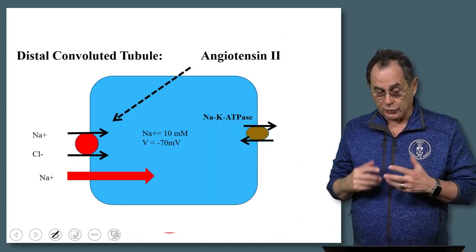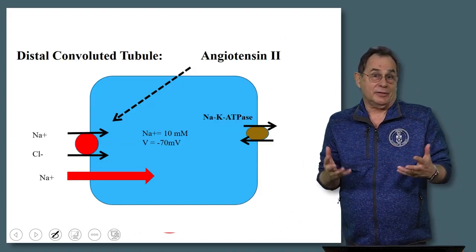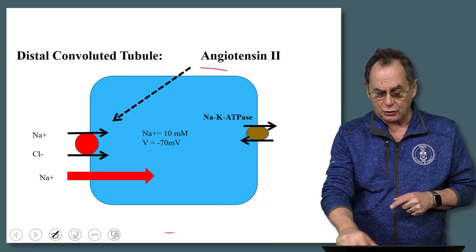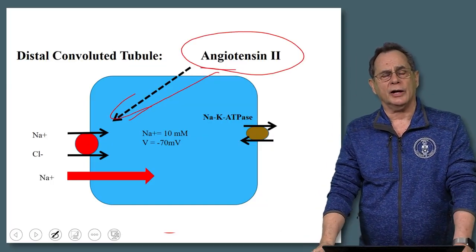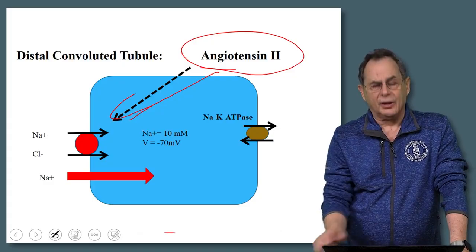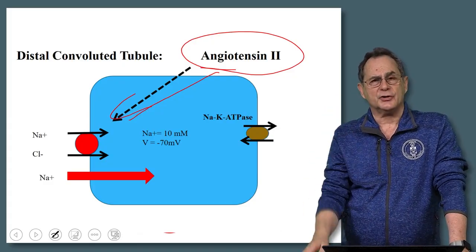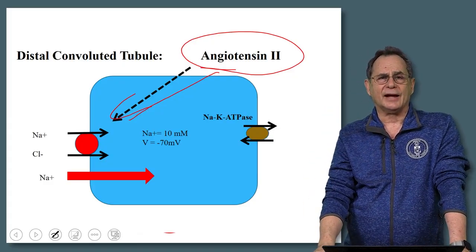Now, if you were designing the system, you'd say, I think it's a pretty good idea to make sure that angiotensin II activates that sodium chloride cotransporter. It's not direct like that. There are some kinases and other proteins involved in that activity.